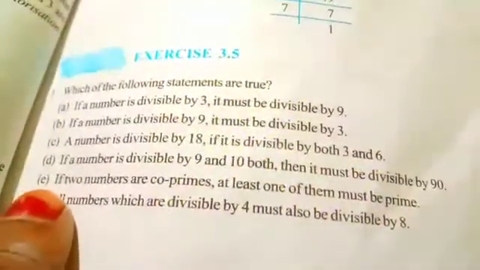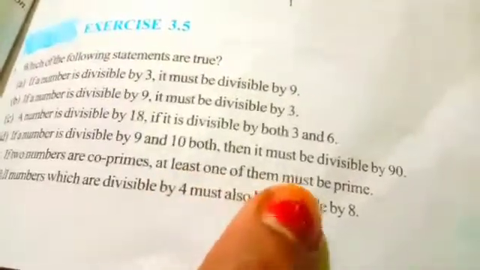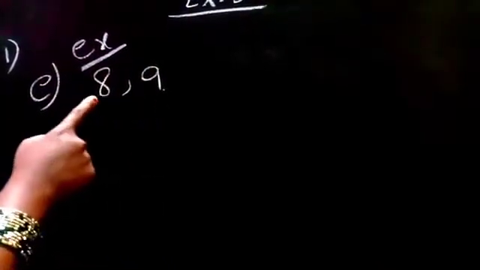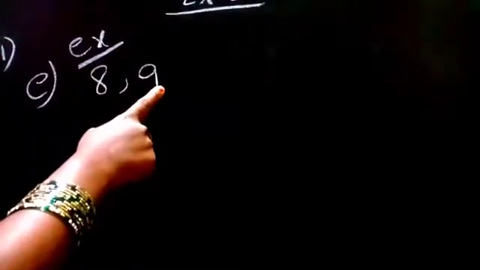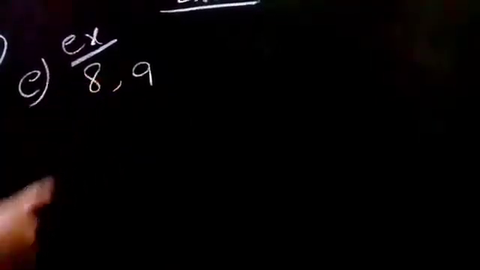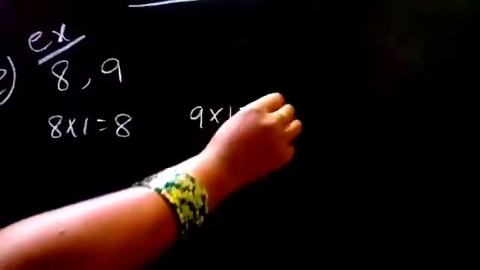E question: if two numbers are co-primes, at least one of them must be a prime number. No, it is false, because I am taking the example of 8 and 9. 8 is an even number, and 9 is not a prime number, because 3 3s are 9. So I have taken neither as a prime number. The common factor is 1, because 8 ones are 8 and 9 ones are 9.